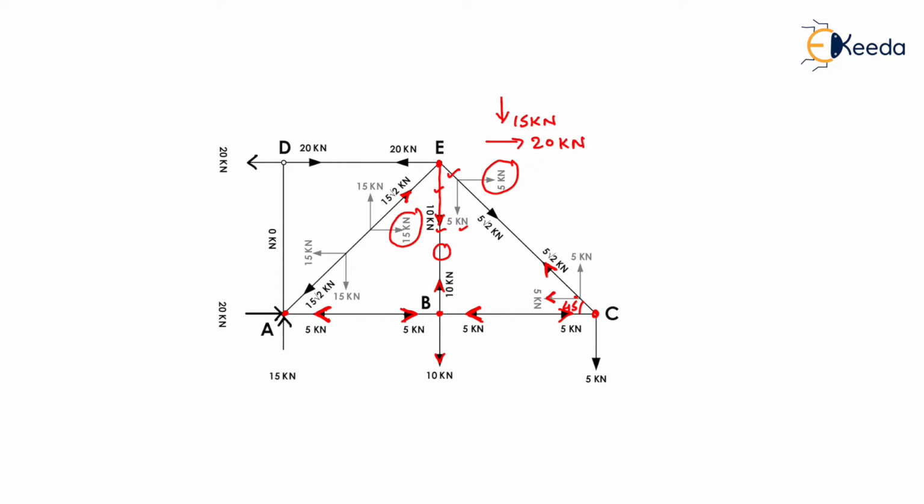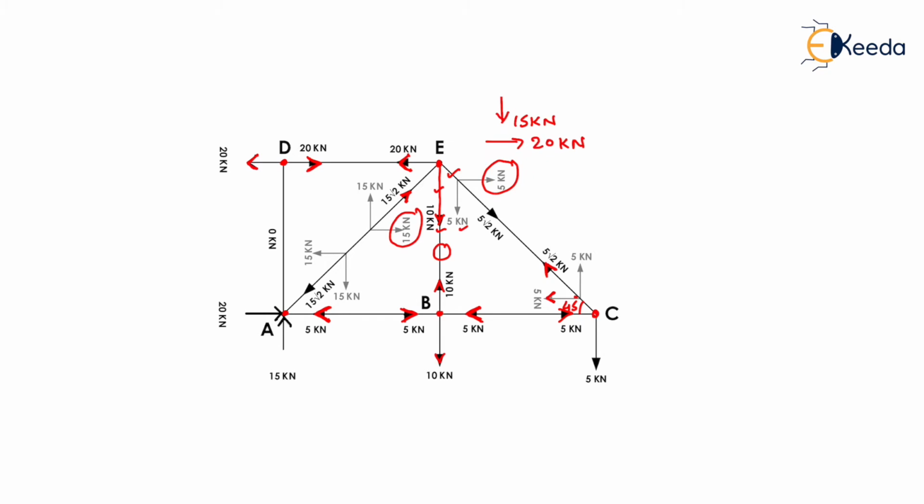To maintain the equilibrium of joint E, we need to create a 20 kilonewton force in the opposite direction like this. Now to maintain the equilibrium of member DE, we need to create a 20 kilonewton force like this.